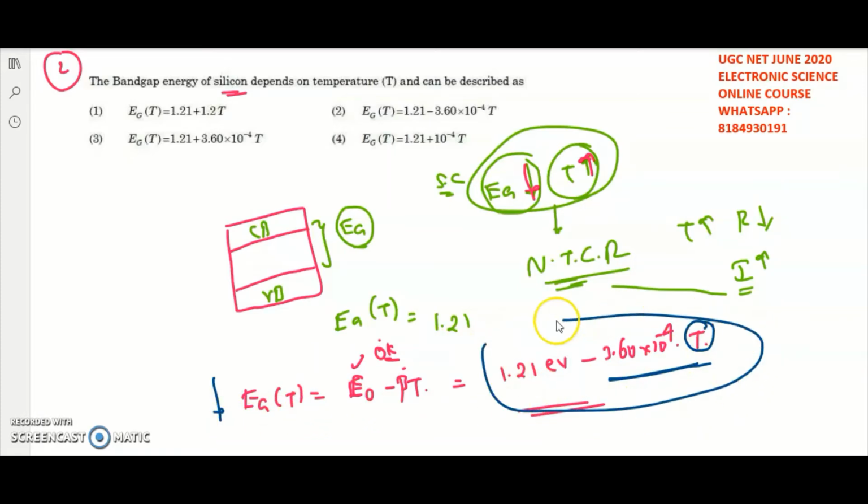So we can observe from this equation. If you match this equation, the second option is perfectly matching. So 1.21, which is the energy band gap of silicon at 0 degrees kelvin, minus beta. The material constant of silicon is 3.60 into 10 power minus 4 into temperature, that is capital T, right?